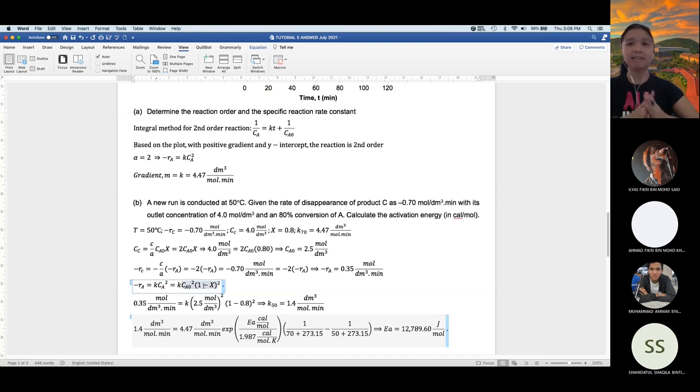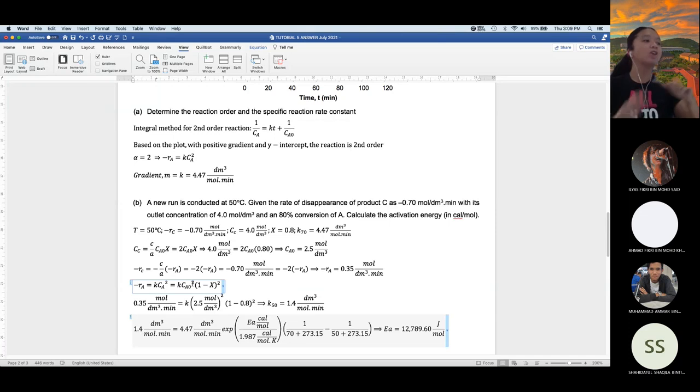Okay, so then we get our CA0. From CA0 kita boleh dapat kita punya CA lah. So macam soalan saya ni, contoh saya ni saya terus combine. Saya terus jadikan CA square tu sebagai CA0 square in bracket 1 minus X square. So it's up to you. Mungkin kalau kamu katakan kamu nak cari dulu CA, means kamu buat dulu CA sama dengan CA0 in bracket 1 minus X. Lepas tu baru kamu kira CA square pun sama.